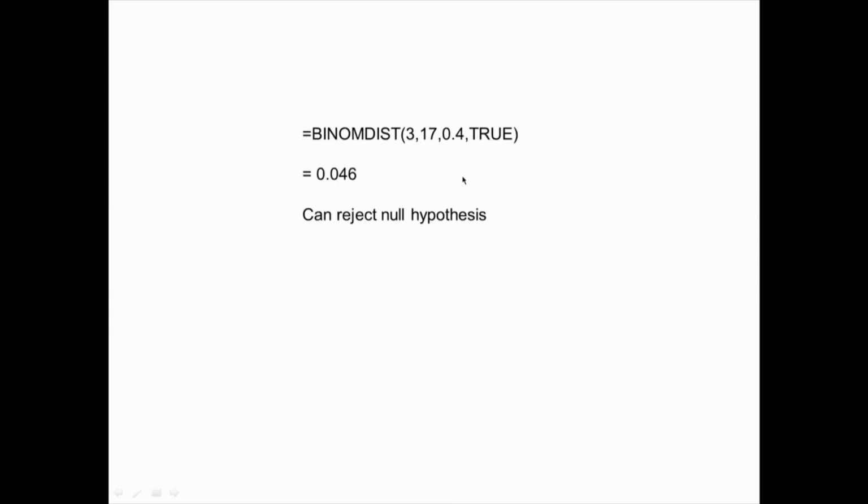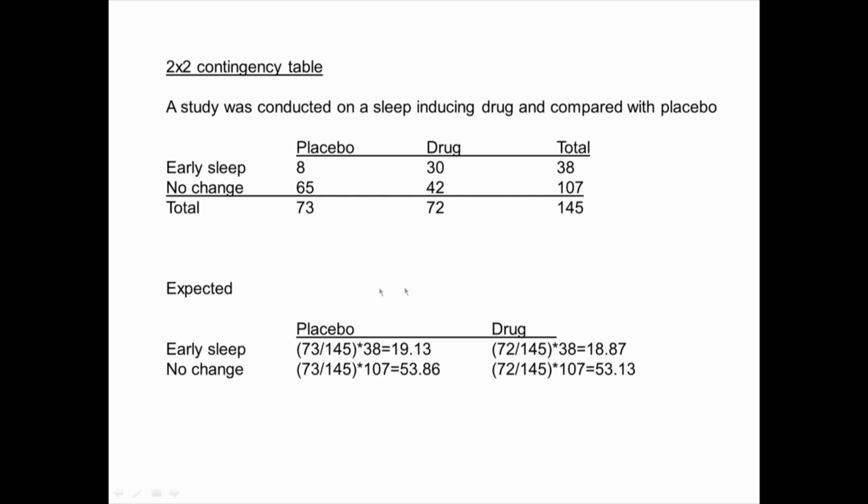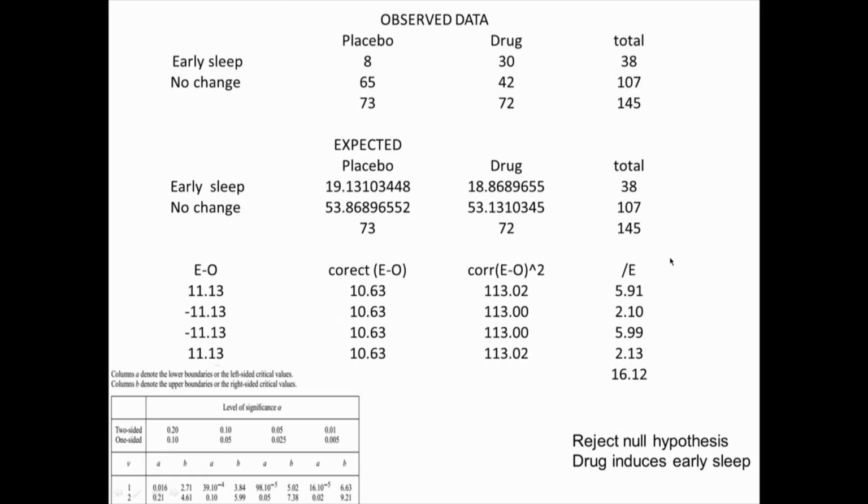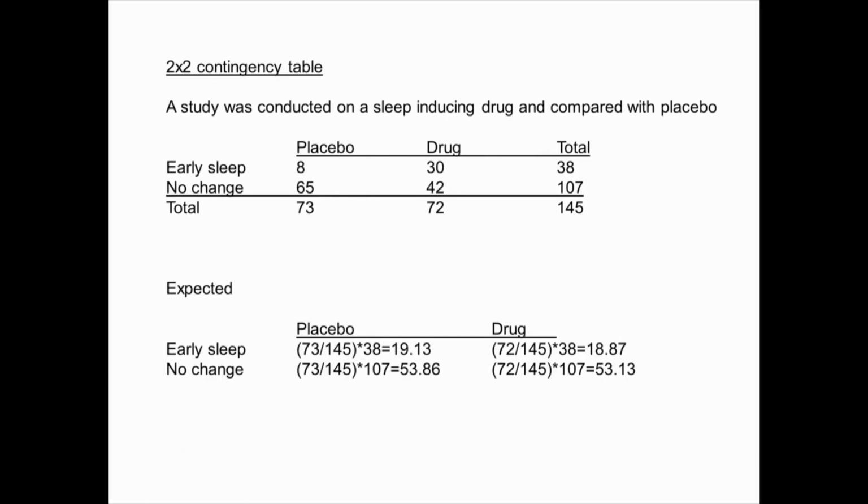Now, let us look at another problem. This is a typical 2 by 2 contingency type of situation. A study was conducted on a sleep inducing drug and it was compared with placebo. So, a drug was being tested to see whether it induces sleep.